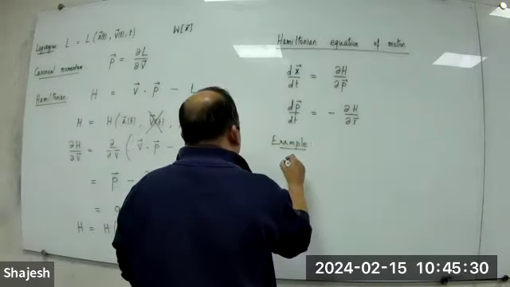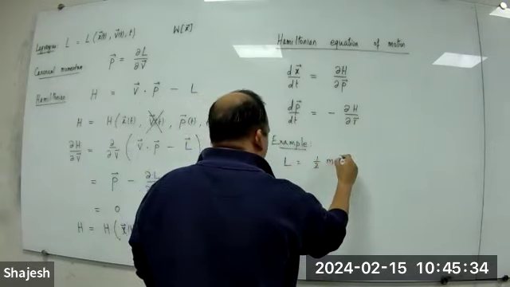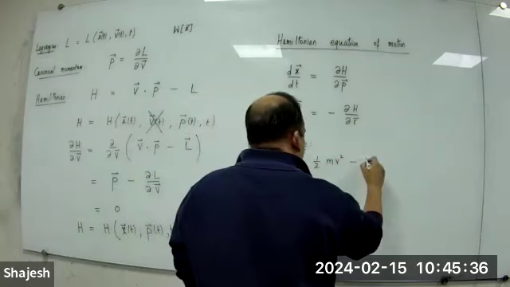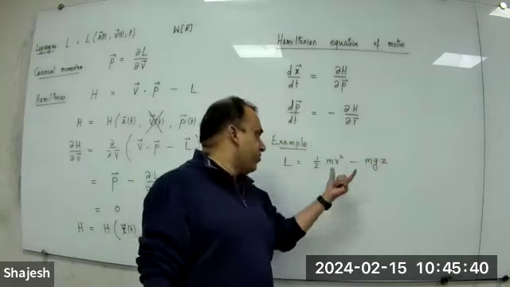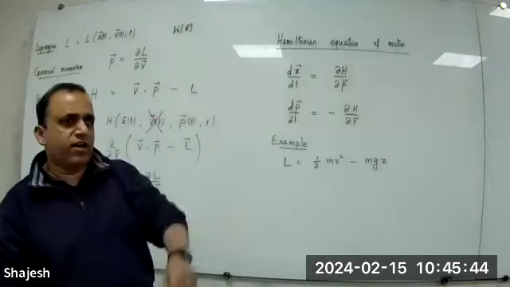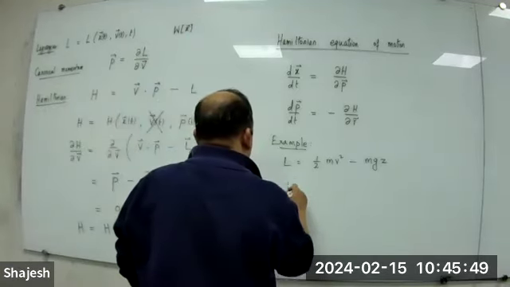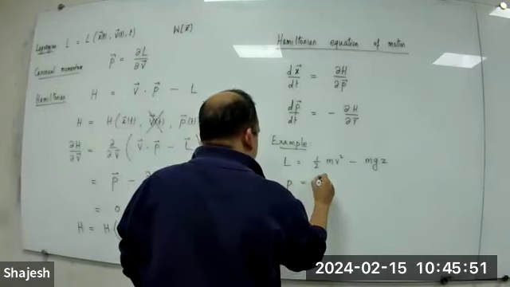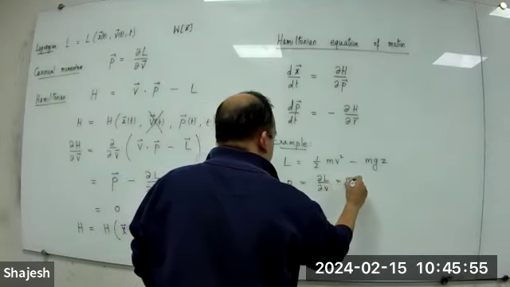Gravity is one example. The Lagrangian is half mv squared minus mgz, right? That's the gravitational potential energy, and that's the kinetic energy. Everything is happening along a straight line, vertically up and down. What is the canonical momentum? Immediately, you do dL by dv, that's mv.